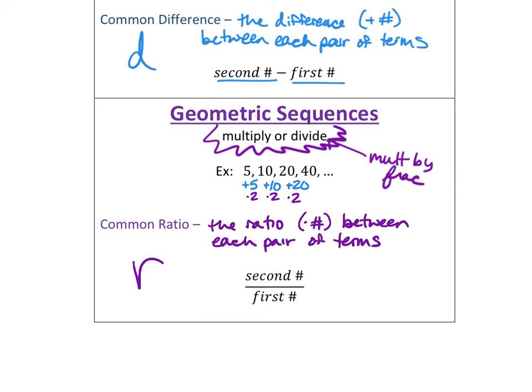If you cannot figure out what the common ratio is in a sequence, you can take the second number in the sequence divided by the first number in the sequence to find the common ratio. The common difference and the common ratio for these arithmetic and geometric sequences just tell us how we're going to change from one term in the sequence to another.